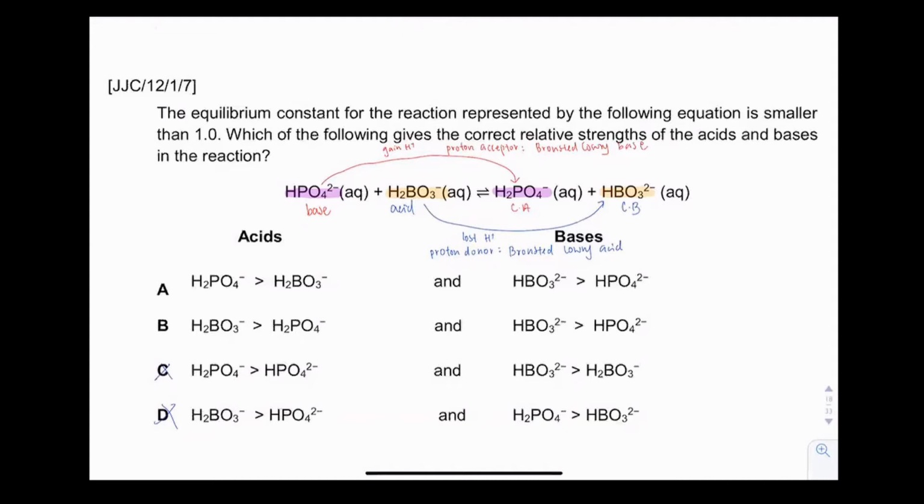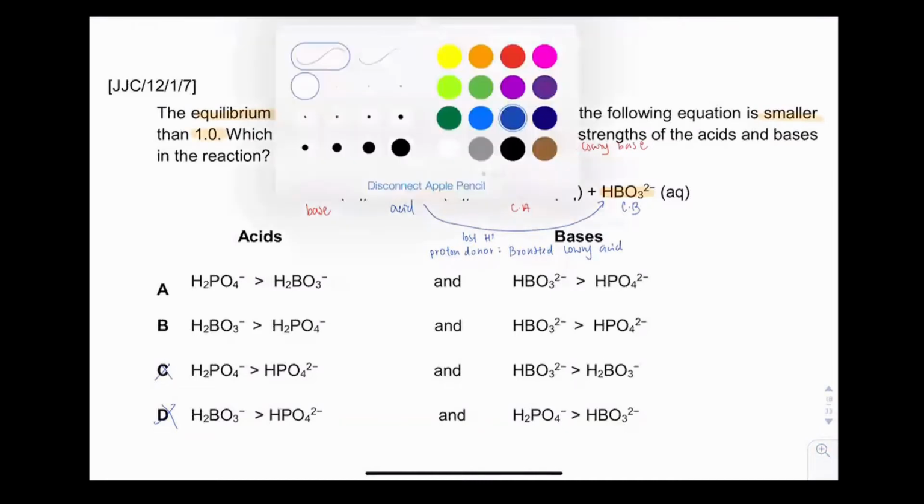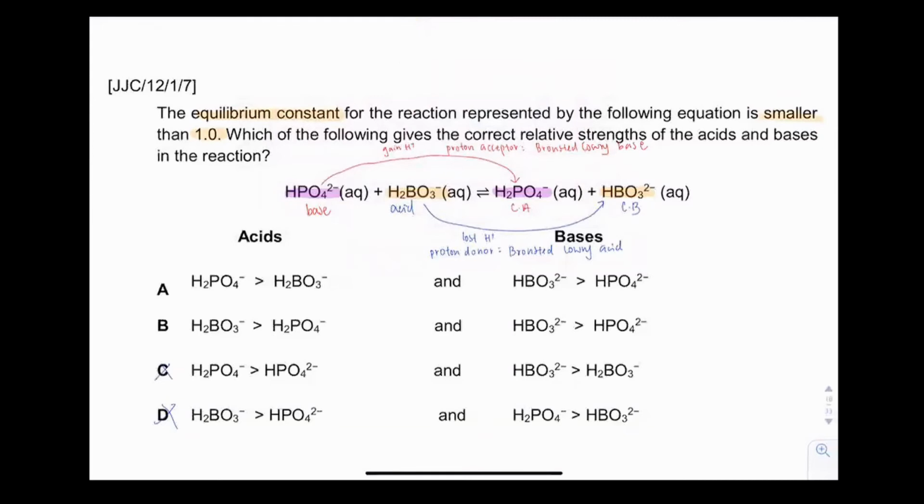Next, let's take a look at this piece of information that they've given us. They mentioned that the equilibrium constant is smaller than 1. So what is the equilibrium constant? That is the Kc.